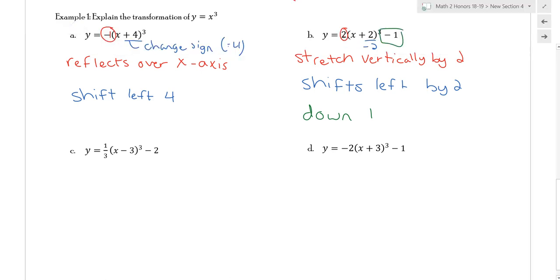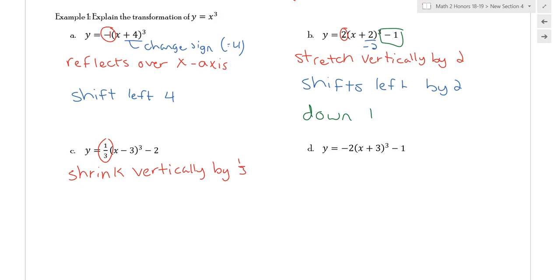All right, looking at our next one, y equals 1/3 times x minus 3, cubed, minus 2. Instead of stretching, the 1/3 is going to shrink vertically, and that's only because it's less than 1.